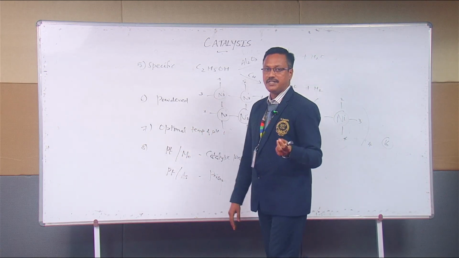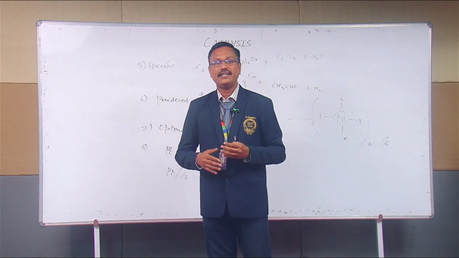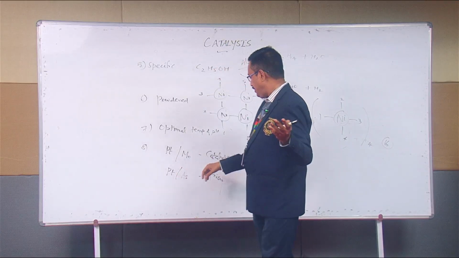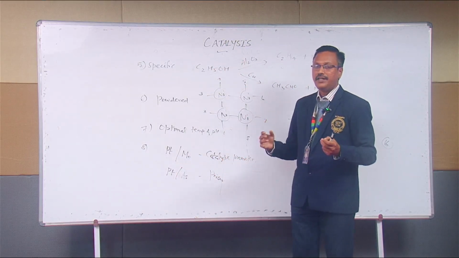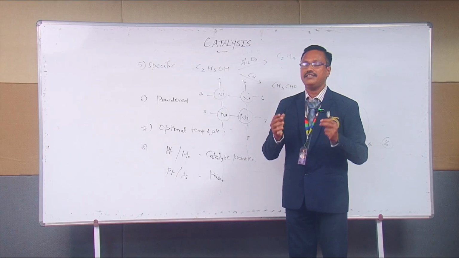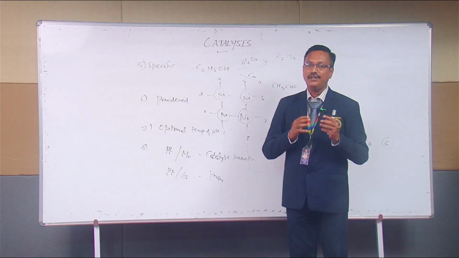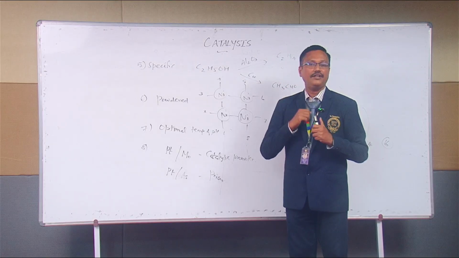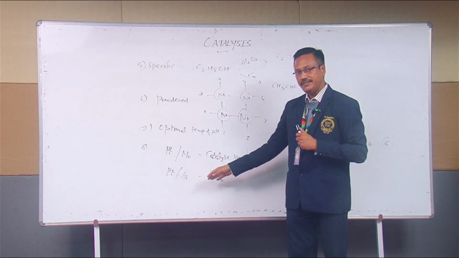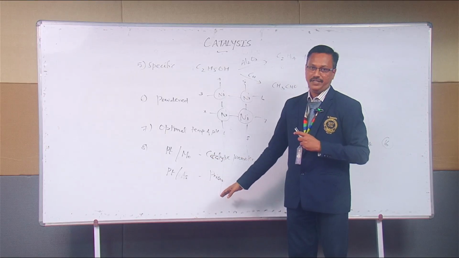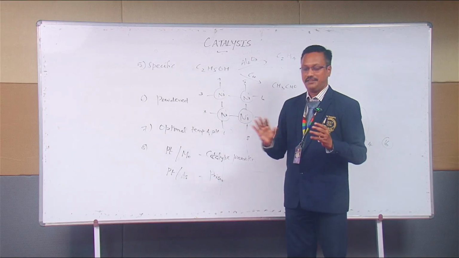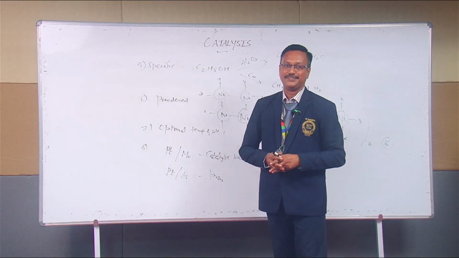There are certain substances whose presence will enhance the activity of catalyst, known as catalytic promoters. It goes the other way around, as we mentioned: there are certain chemicals which pull down the efficiency of the catalyst, known as catalytic poison. With that, we are completing the basic introduction to catalysis. Thank you all.